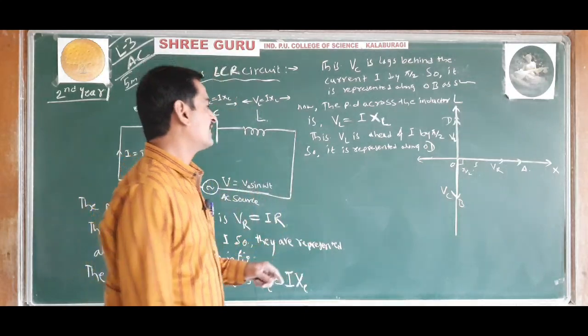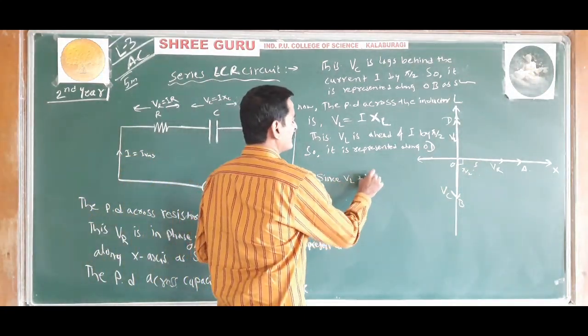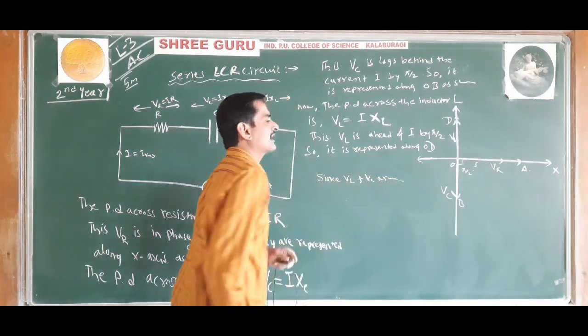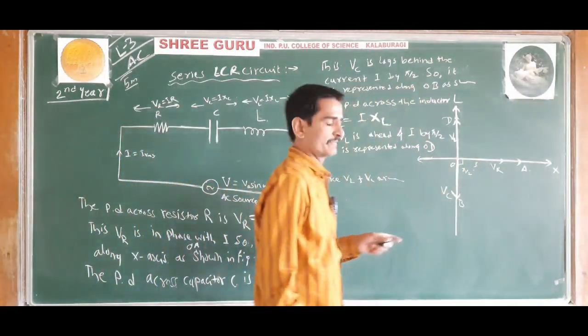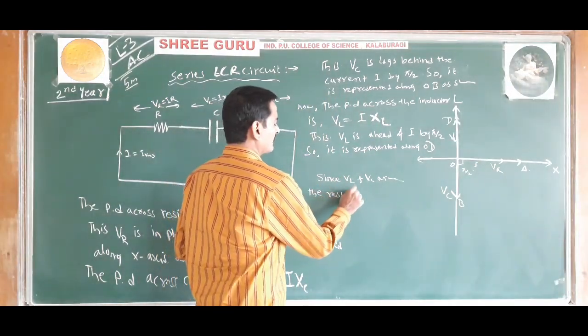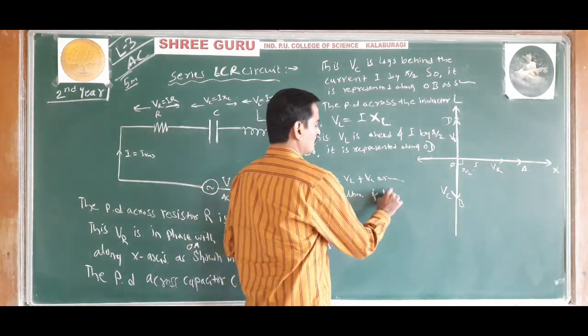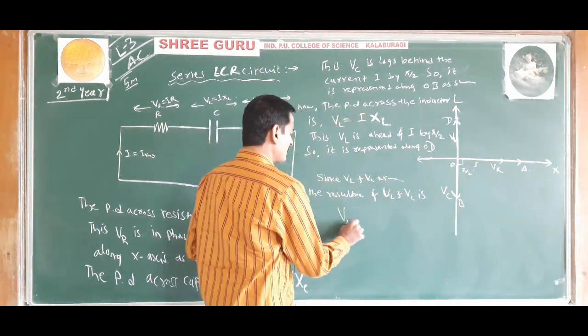Since VL and VC are in opposite direction, therefore first find the resultant of VL and VC. The resultant of VL and VC is VL minus VC.